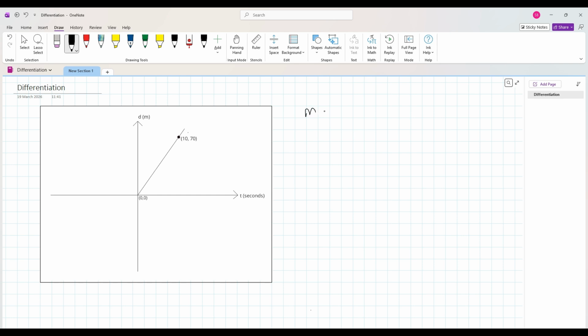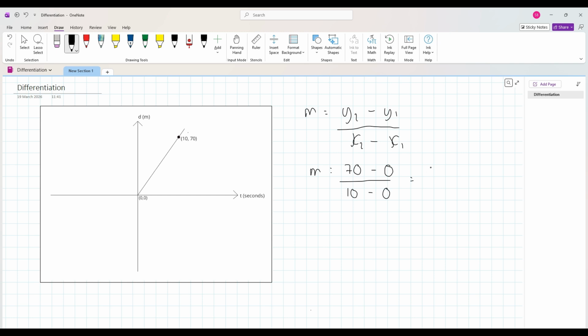m equals y2 minus y1 over x2 minus x1. Substituting our values in, y2 is 70, so m equals 70, y1 is 0, x2 is 10, x1 is 0.